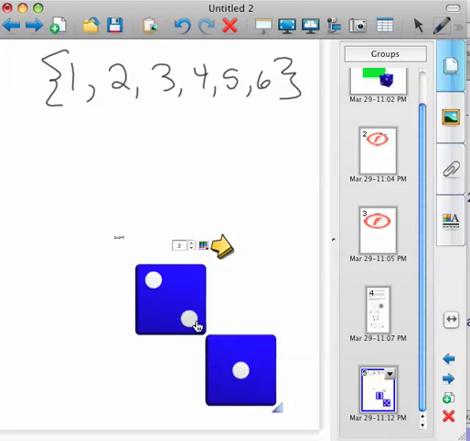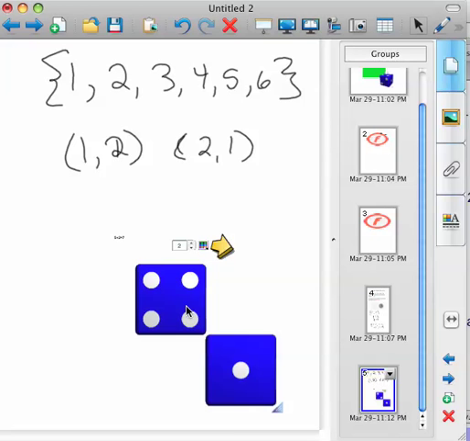So, what would be the sample space of getting a 3? Well, with 2 dice, you could roll a 1 and a 2, or a 2 and a 1. 7 would be a little trickier.